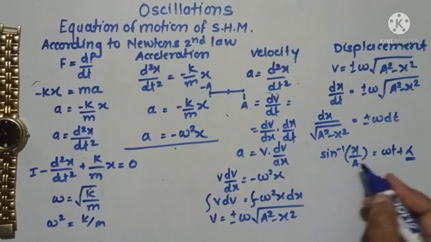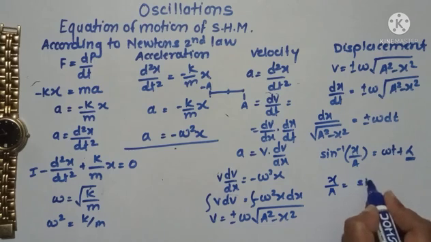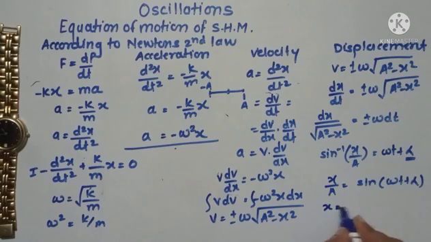So I can write x upon a is equal to sine of omega t plus alpha, and x is equal to a sine of omega t plus alpha. So this equation will give us the expression for the displacement in a simple harmonic motion.